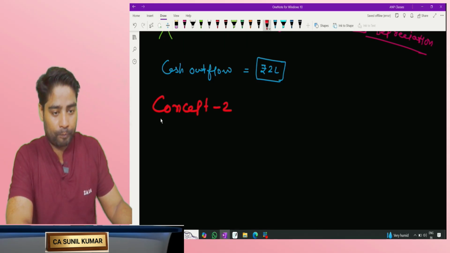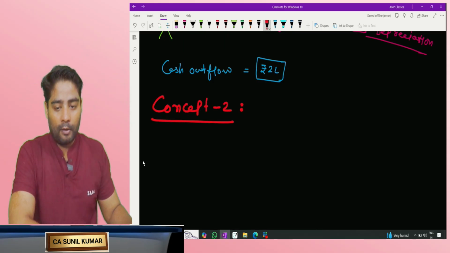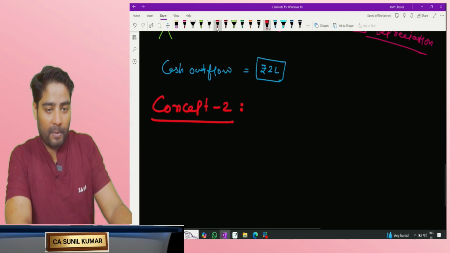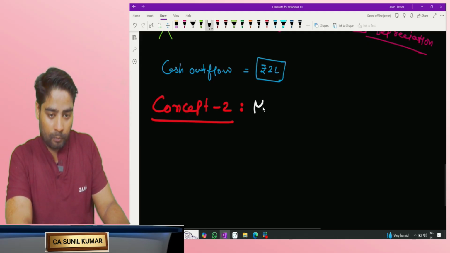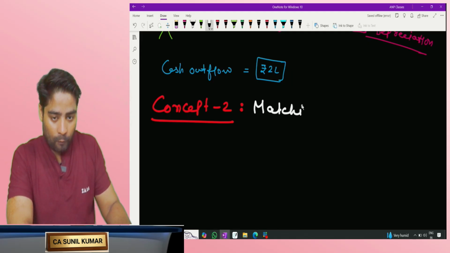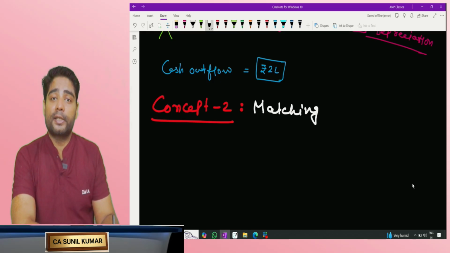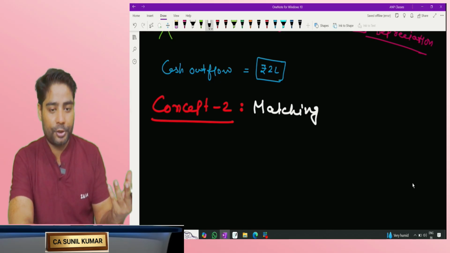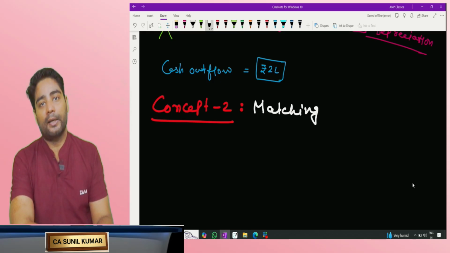Number two, matching concept. Write down matching concept. So we can't fully understand depreciation chapter if we don't understand the matching concept.